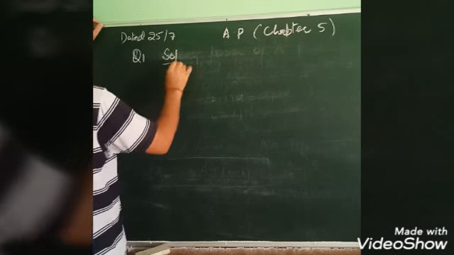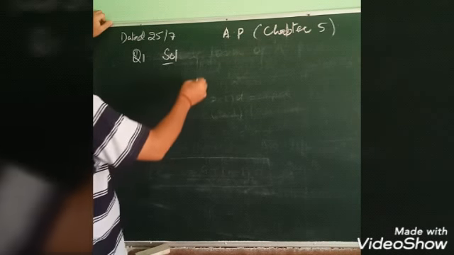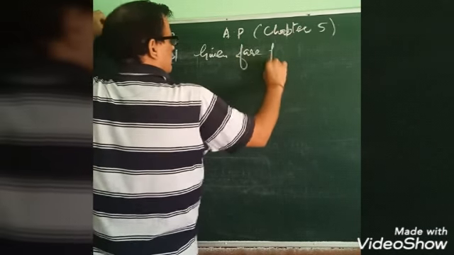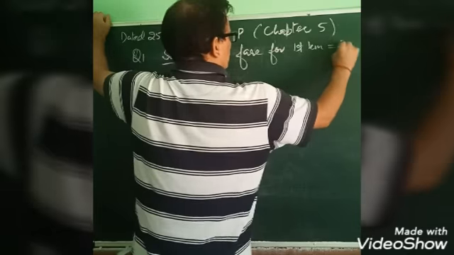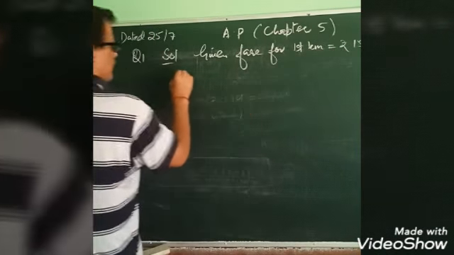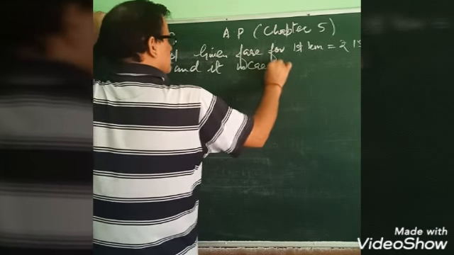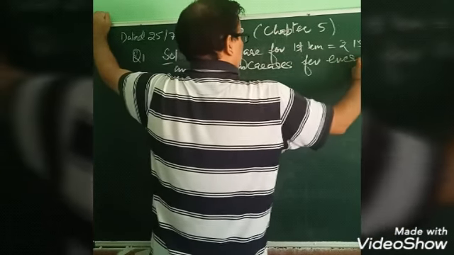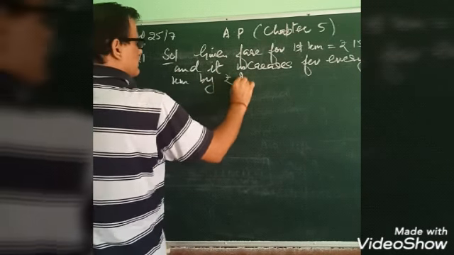Solution we can write. The fare for the first kilometer is rupees 15 and it increases by 8 rupees for every additional kilometer. So we will write, given: fare for first kilometer is equal to rupees 15, and it increases for every kilometer by rupees 8.